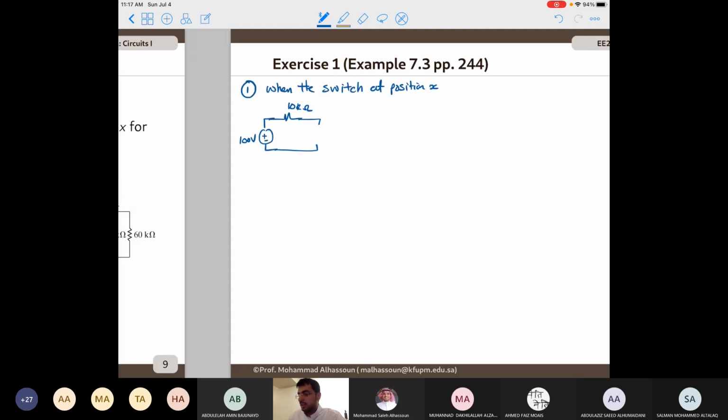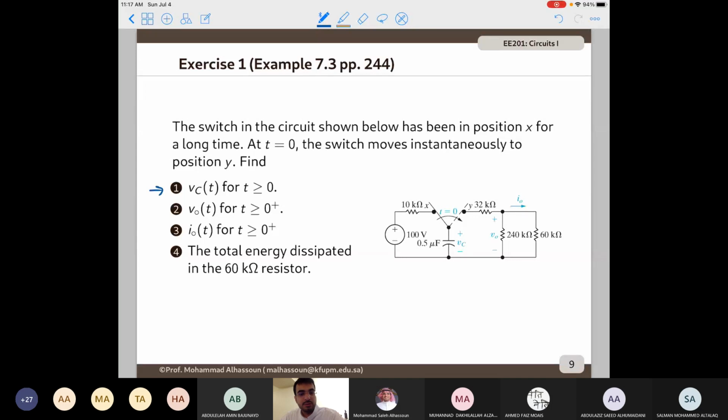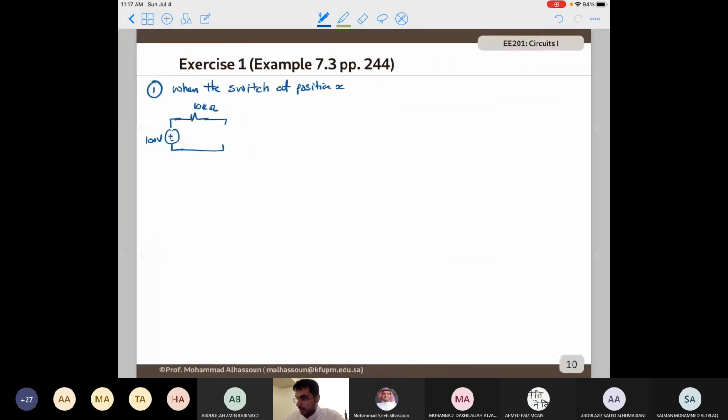But since it's a DC source and the switch is at position X for a very long time, the capacitor will behave like an open circuit. And this is VC of t.